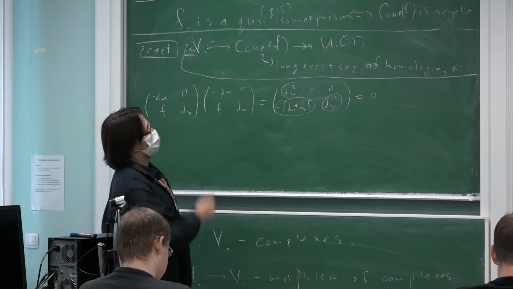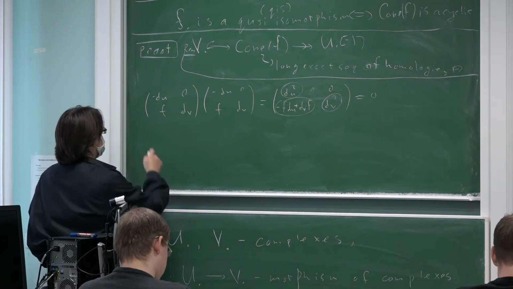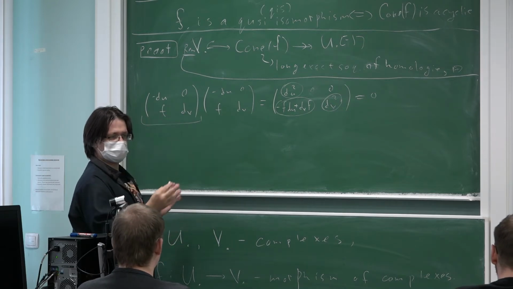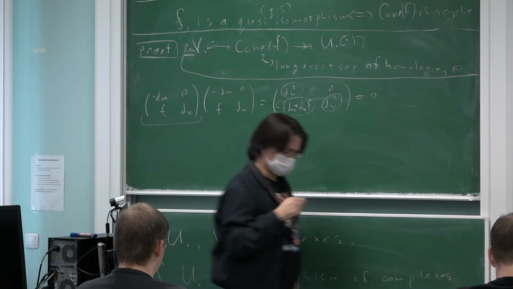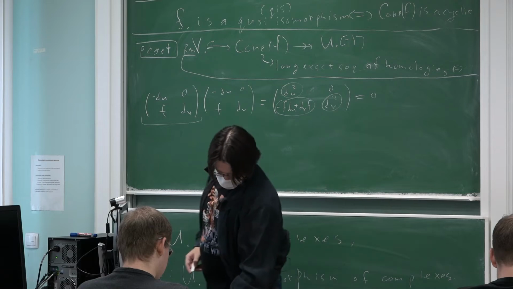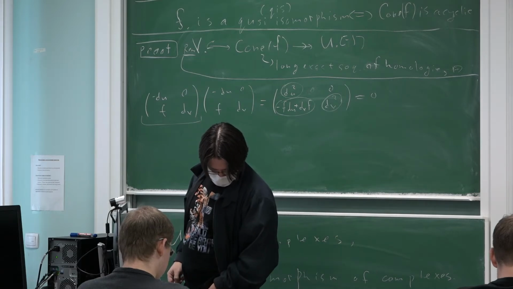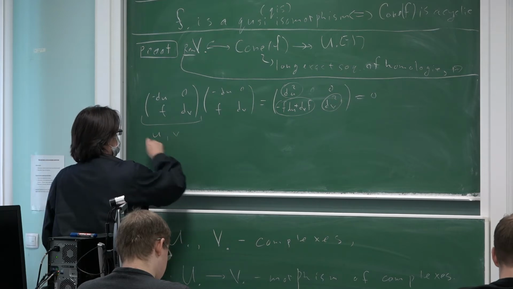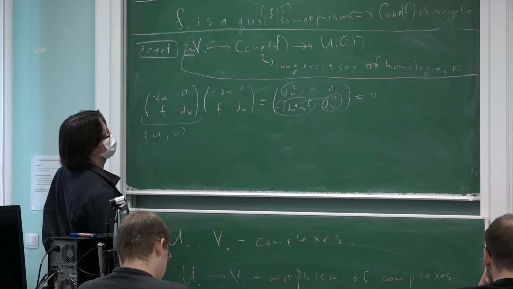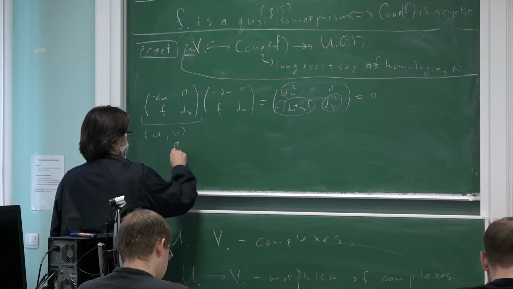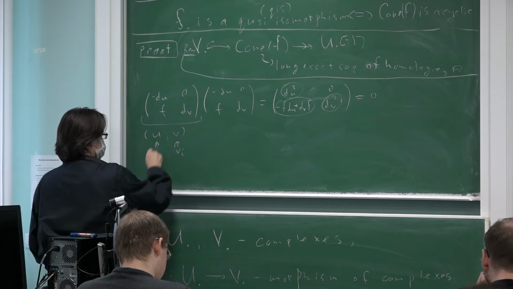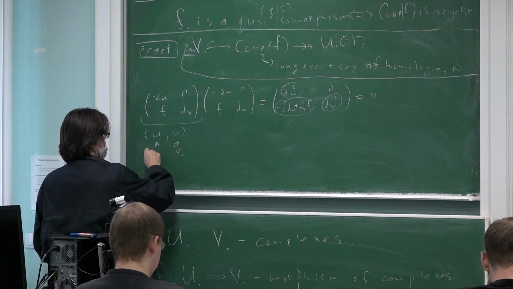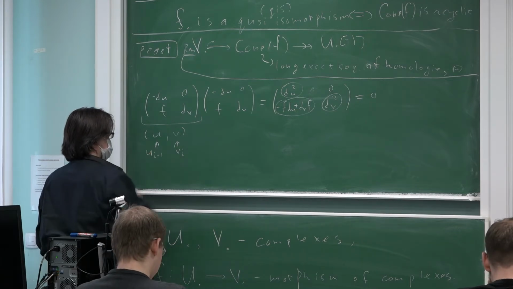What does it mean that cone of f is acyclic? This means that the kernel of this map coincides with the image of this map. So I'll just take some (u, v) from here. In fact, v is from some v_i, u is from some u_{i-1}.